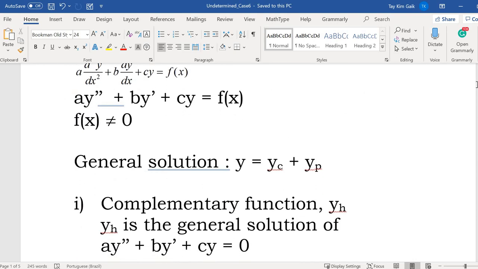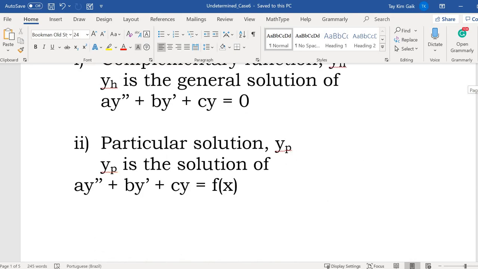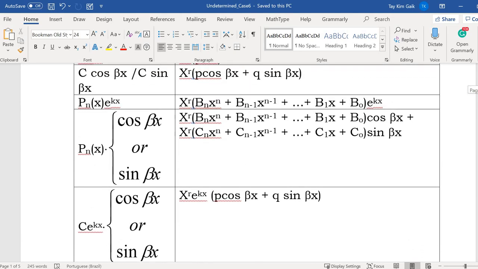This is a second order non-homogeneous equation, a d2y/dx2 plus b dy/dx plus cy equal to f(x), where f(x) has 6 cases, which is a polynomial with the trigonometric function.